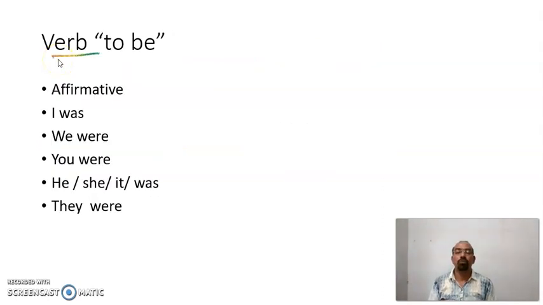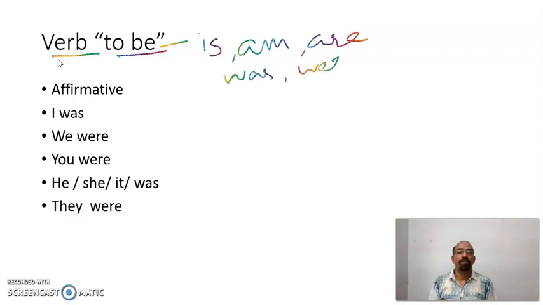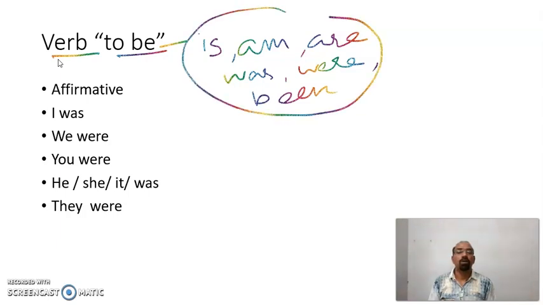Then the verb to be. In the be family we know that there are verbs like is, am, are, then was, were, then been. These are all called the be family of verbs.